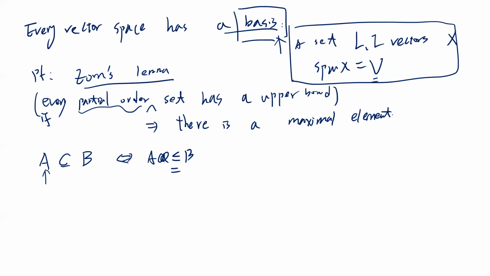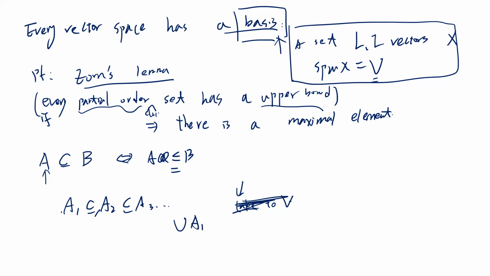And every chain has an upper bound, which means obviously that if you have A1 subset A2, A3, which are all linearly independent subsets, then there's an upper bound, right? You can take the upper bound to be the union. All the union will still be linearly independent, and it is an upper bound of the chain.